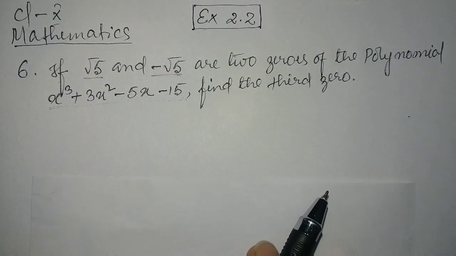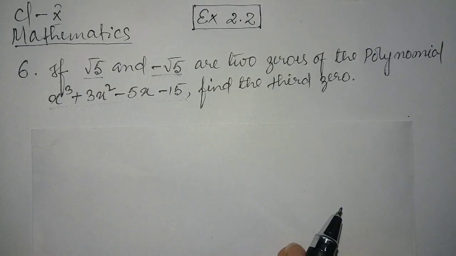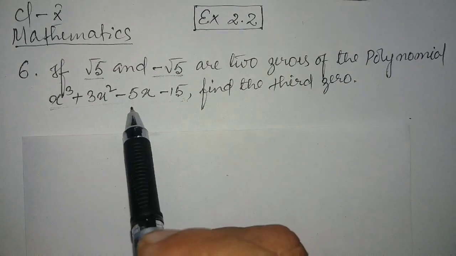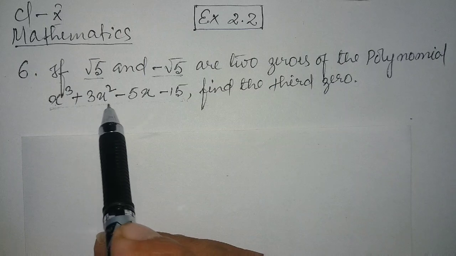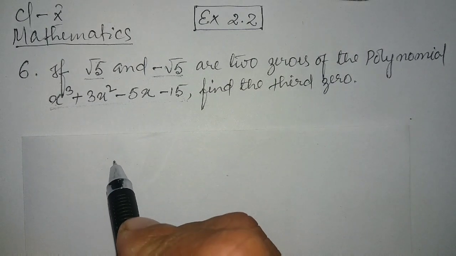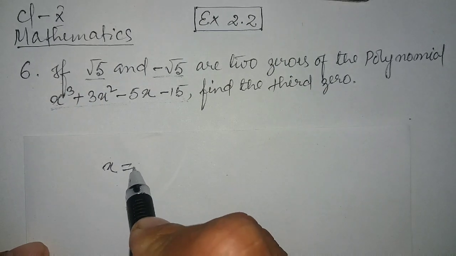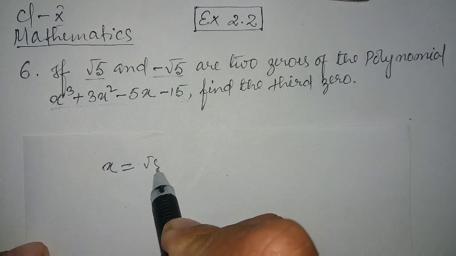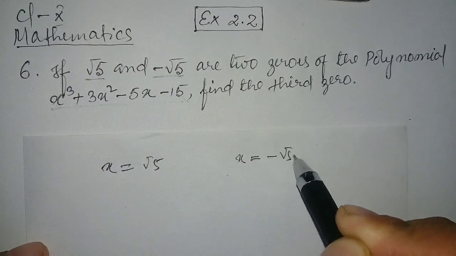Now before we start the solution, let us recall what you have learned earlier. Zeros of the polynomial are nothing but the values of x for which this polynomial becomes 0. So here the values of x which are given are x is equal to root 5 and x is equal to minus root 5.